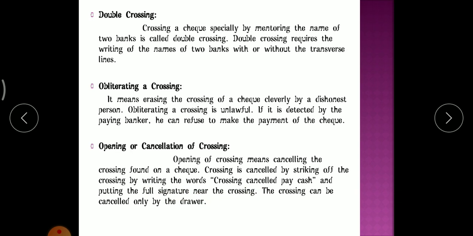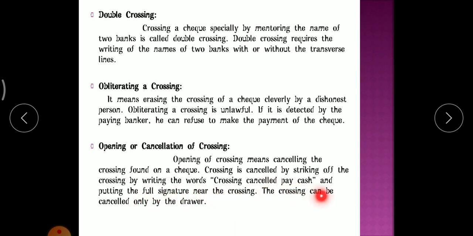First, if they find a crossing on the check, they will cancel it by striking off the crossing. They will strike off the crossing by writing the words crossing cancelled, pay cash. Clear? They can do it like this also. First of all, they will strike off the crossing, write the words crossing cancelled, pay cash, and put the full signature near the crossing, where the crossing was.